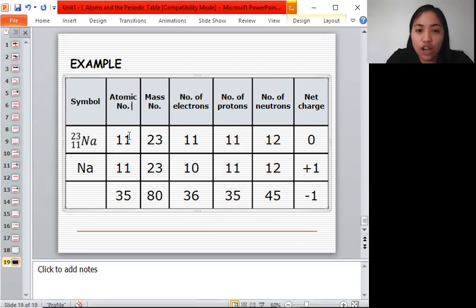Diba? So based sa atong given nga atomic number, nakuha na nato nga atomic number that is 35, unsa man ni nga element. So kung tanawan ninyo ang periodic table, ang element nga na atomic number is bromine. Okay? So that ends our discussion or video lecture for part 1.